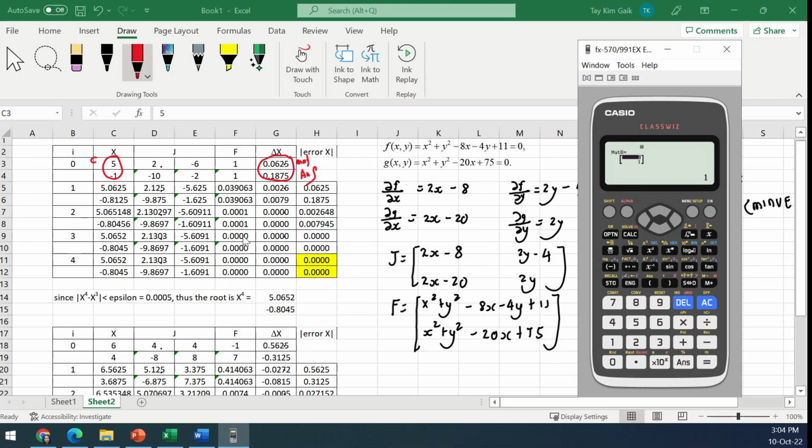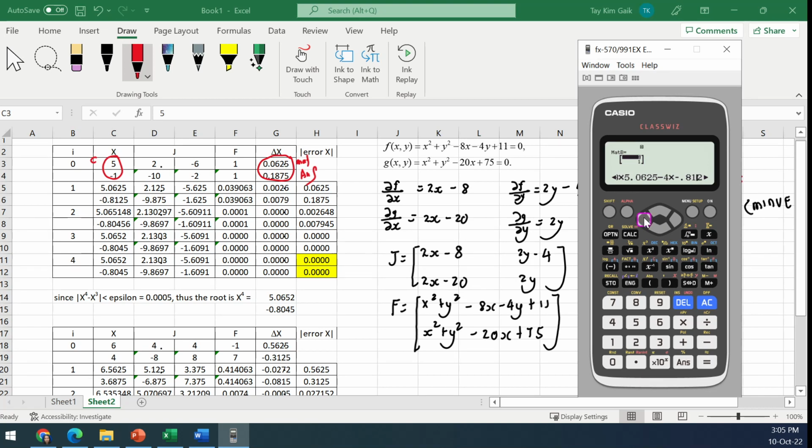If not, x squared, x is 5.0625, and then you square it, plus y is negative 0.8125 squared, minus 8 times x, 5.0625, minus 4 times the y, negative 0.8125, and then plus 11.